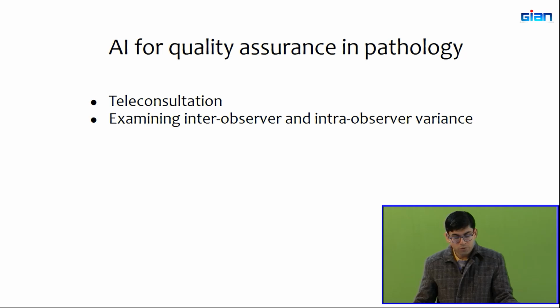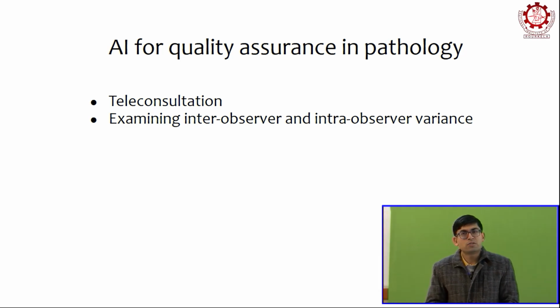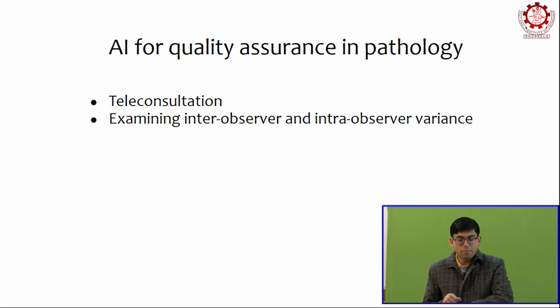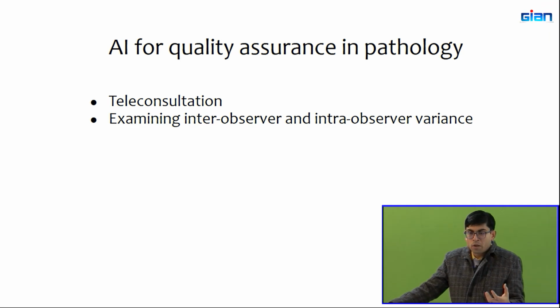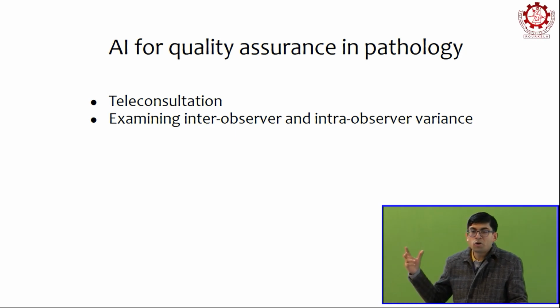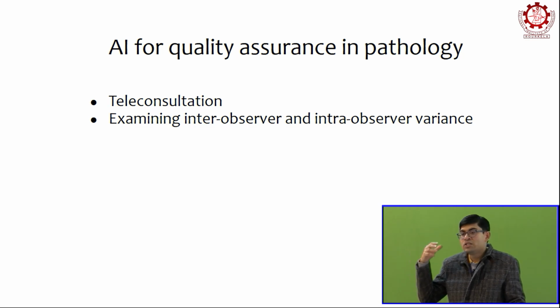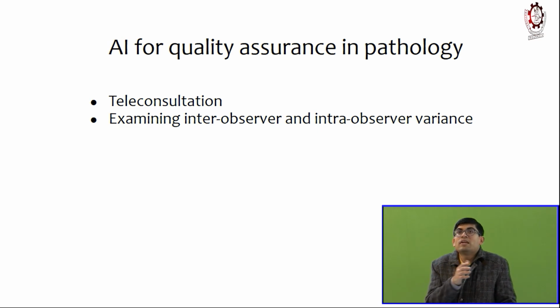Okay, so teleconsultation, we covered that. So inter-observer and intra-observer variance. This is very important, and this holds good not just for pathology, but also for radiology, or for that matter, any kind of image analysis. Because a lot of times what happens is, today the pathologist would look at an image, and after a few days they would come back, and for some reason they would want to change the diagnosis, or they have something in their mind that would bug them and say, okay, I want to go back, relook at my image and see if there's something that I have missed.